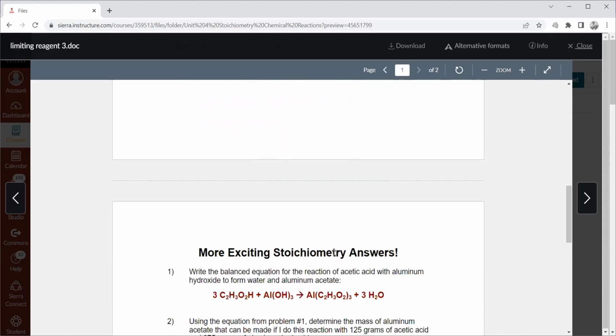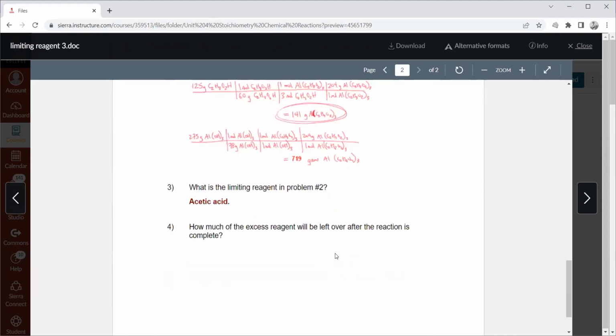So here's the blank, and then there's the setup.